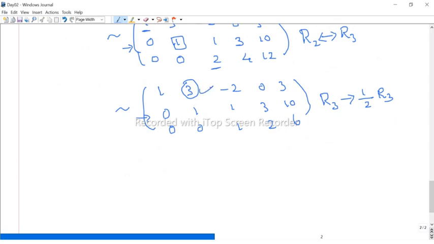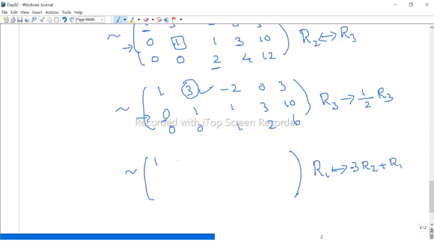We have to make this 3 into 0. So multiply the second row by -3 and then add it to the first row. Otherwise, we get -1 here. So we multiply the second row by -3 and add it to the first row. Therefore, we get 1 here.